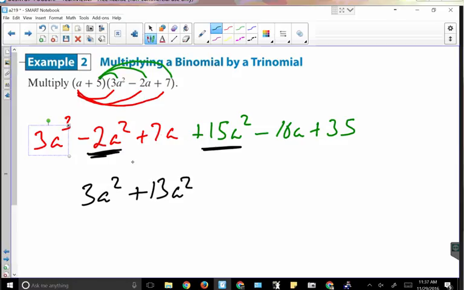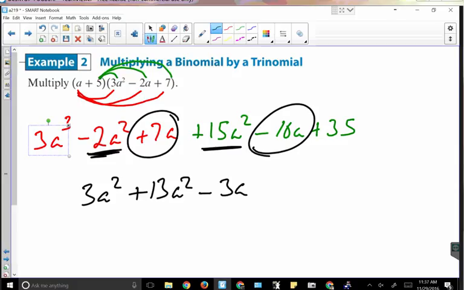I've got 7a here minus 10a over here, so that's going to be minus 3a and plus 35. So when we're doing this, we are going to have to always make sure that we go through and add.